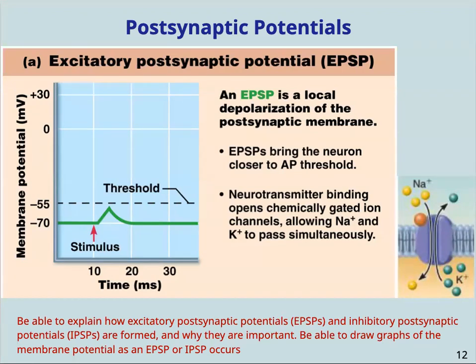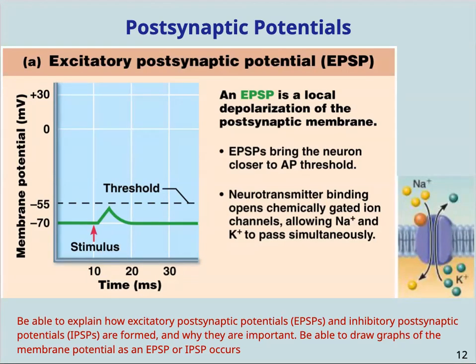The ion channels that open tend to allow both sodium as well as potassium to pass through simultaneously. And recall the chemical gradient of these two ions. One is going to enter the cell, the other is going to exit the cell.